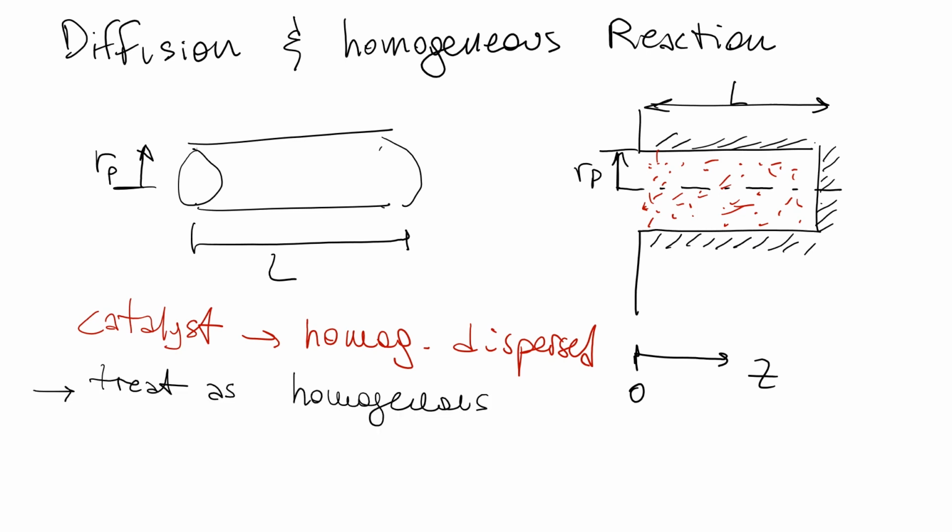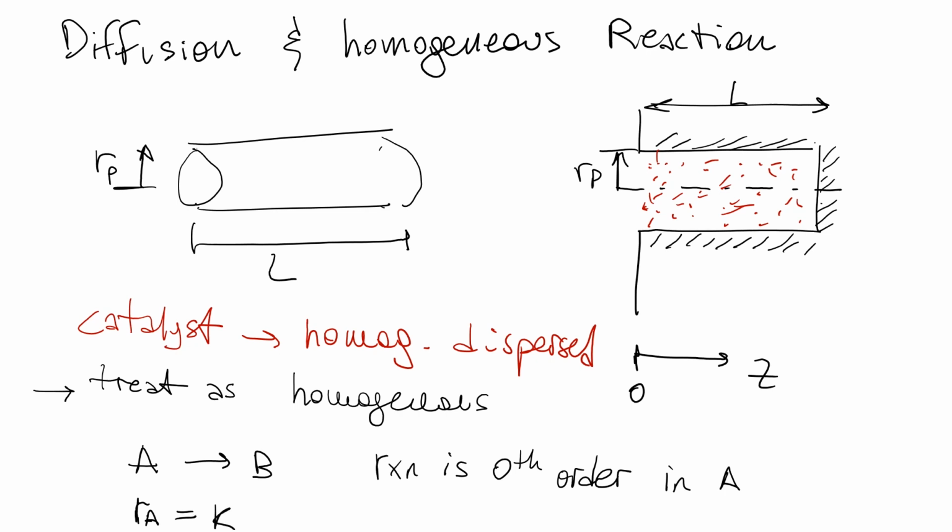So what this catalyst does is it transforms our species A into species B, and our reaction is zero order in A, or just zero order. And what this means is that our reaction rate, RA, can be written as just K, our rate constant, and K will have units of mole per meter cube per second.